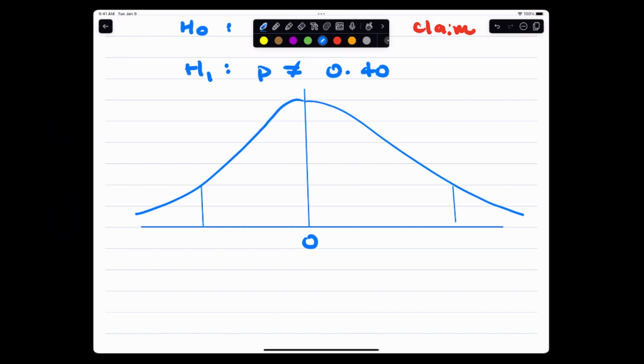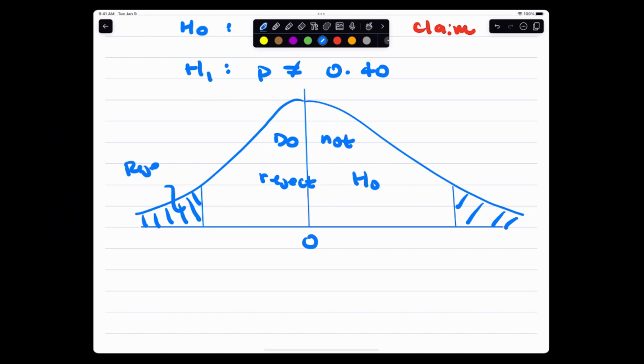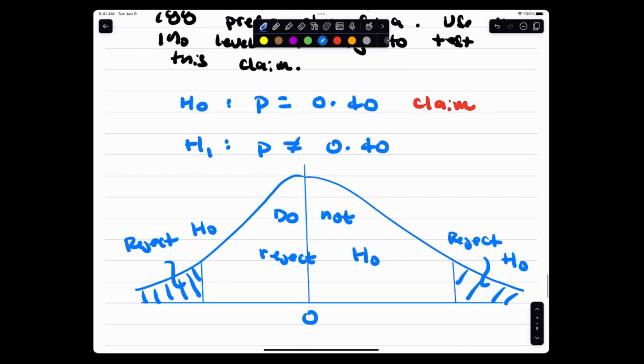In the middle we say do not reject the null, and then over here, what are you going to do with these? You're going to reject the null. Easy peasy lemon squeezy.